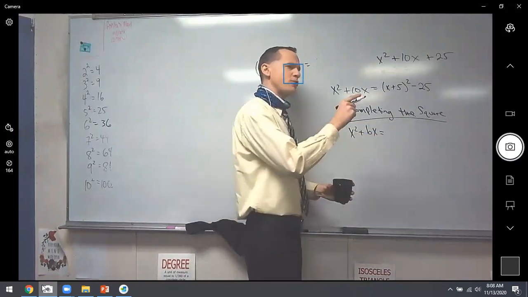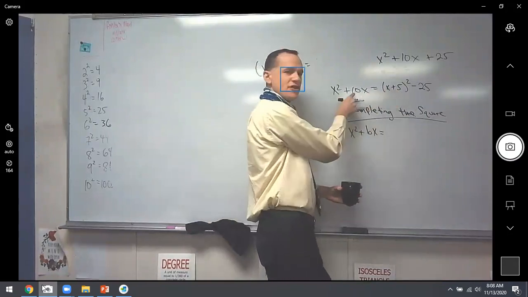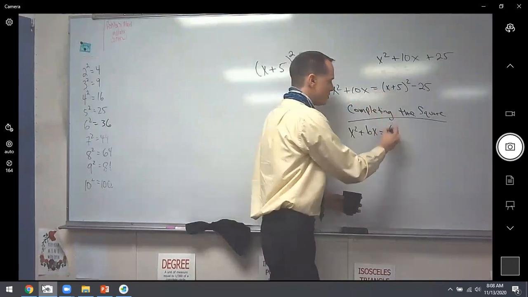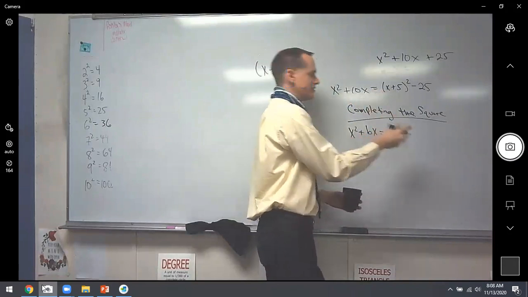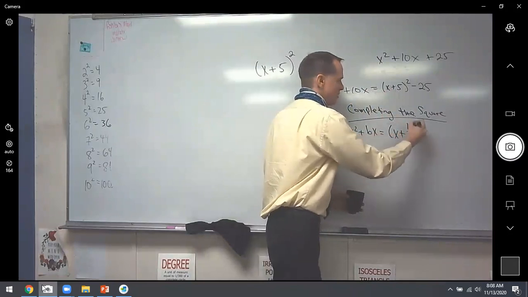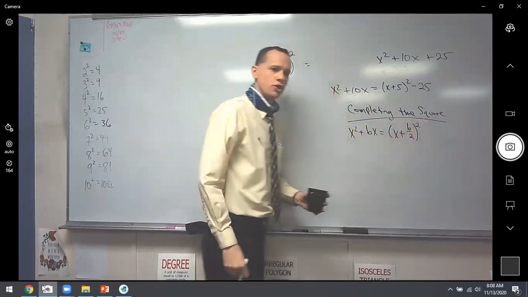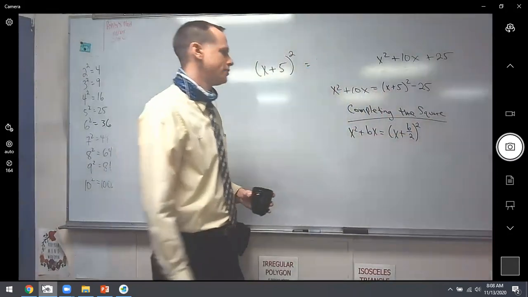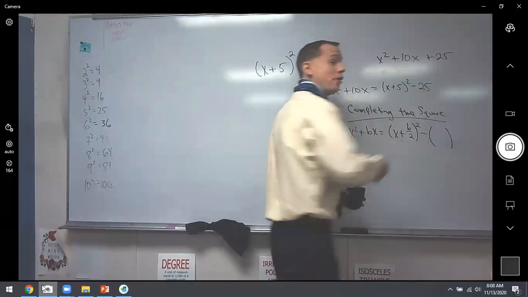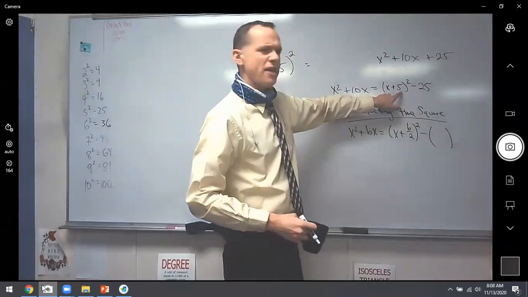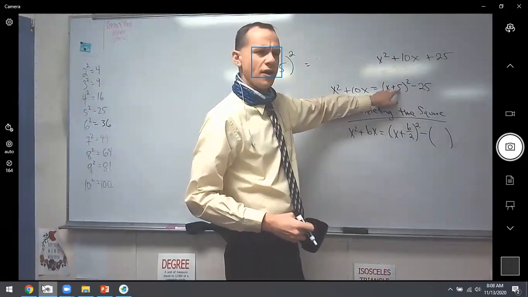And remember what the relationship was. This number was half of this one, correct? So what's going to go inside of here is half of this number. Now, if it's b and I don't know what it is, how do you do half of b? You just take b and divide by 2. So it's going to look like this. But then you have to subtract off this weird extra thing over here. And where this thing came from, it came from that number inside, whatever it was, 5, right?